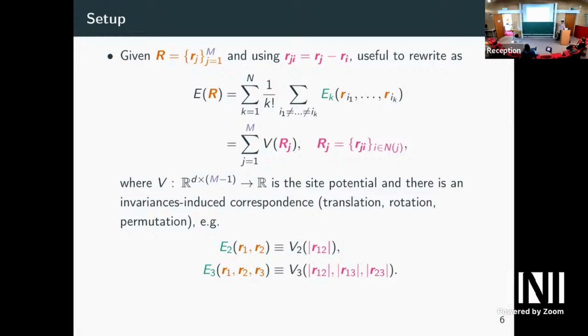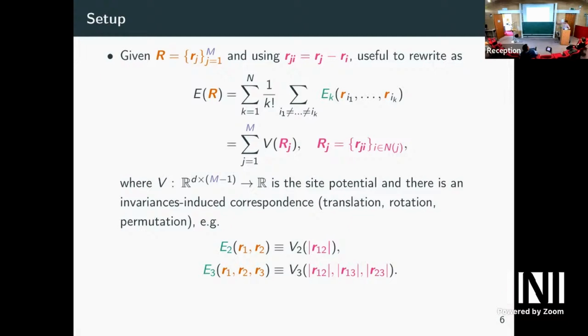For instance, the underlying assumption is that, first of all, if we rotate the whole system, nothing changes. If we translate the system, nothing changes. And if we exchange two atoms, nothing changes because they are the same atoms. If you try to encode that functionally, that means that, for instance, for two body terms, all that enters is the distance between the two atoms.